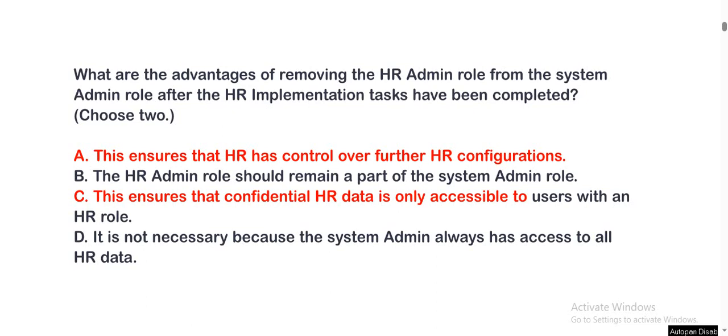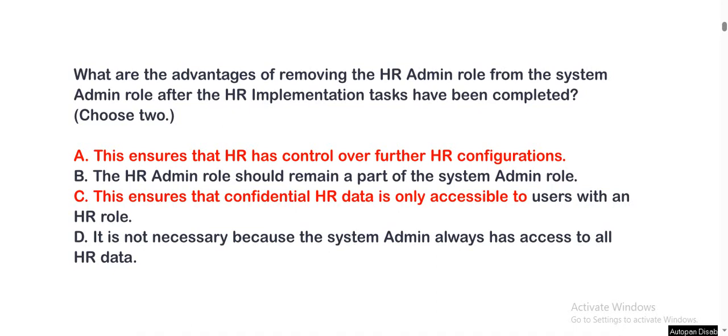Today's question is, what are the advantages of removing the HR admin role from the system admin role after the HR implementation tasks have been completed? Choose two options. And the options are: option A, this ensures that HR has control over further HR configurations.